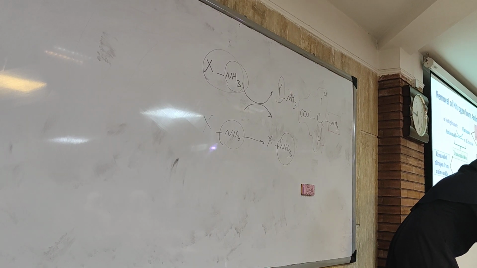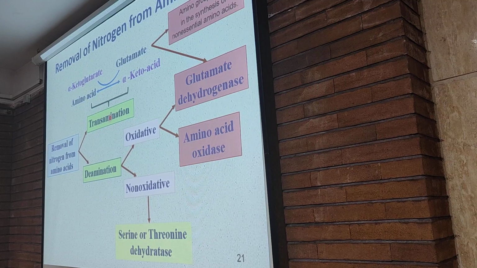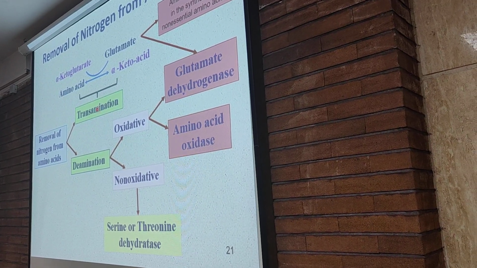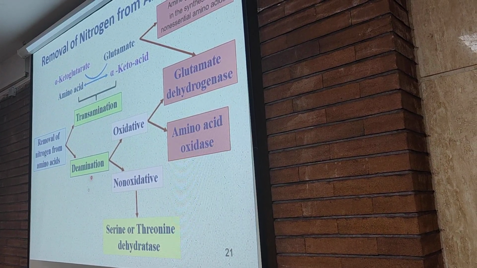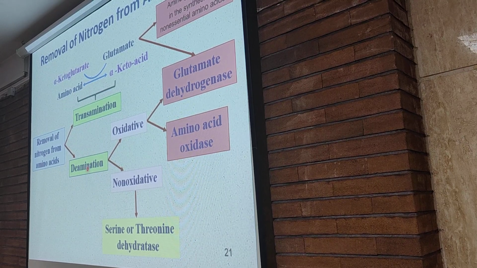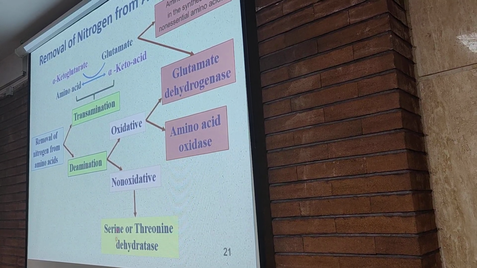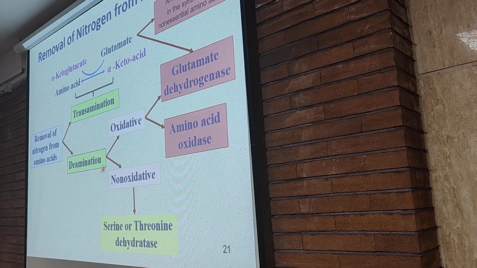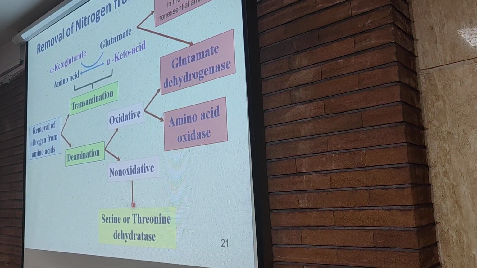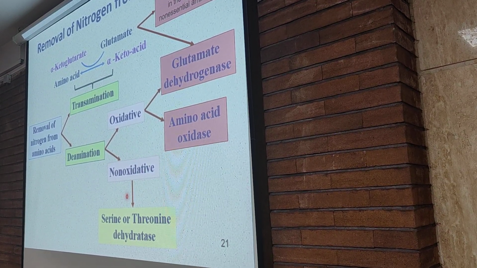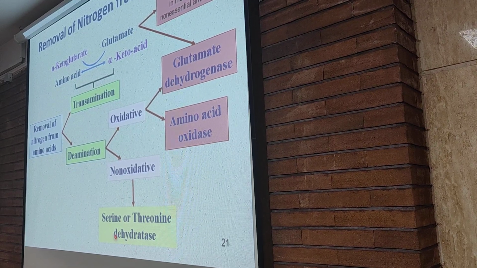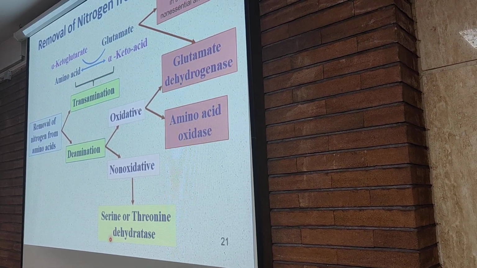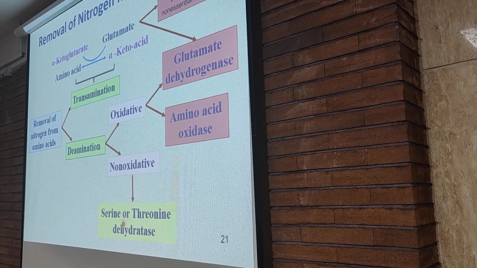Some of them undergo transamination, according to the type of amino acid, and some of them participate in deamination. For example, serine and threonine undergo deamination in the non-oxidative way by specific enzymes, serine dehydratase and threonine dehydratase.